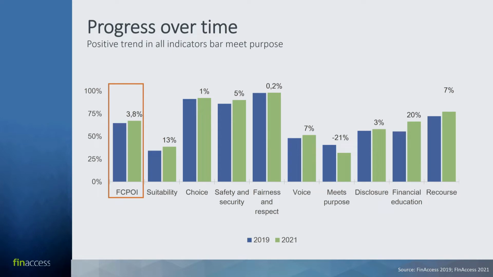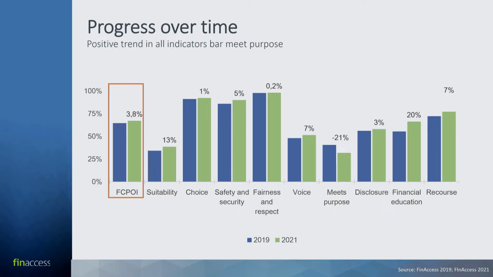Now, progress over time. The FinAccess survey changed in 2019, so we can't really consistently track these indicators before 2019. And actually, the changes made then is what enables us to track a lot of these outcomes. There are small differences between the 2019 and 2021 survey.